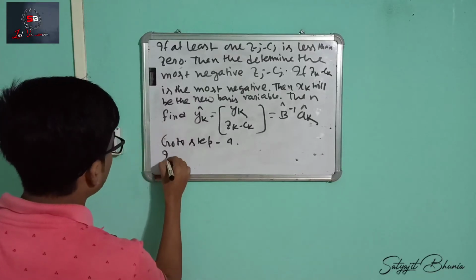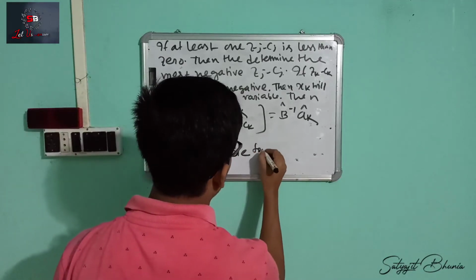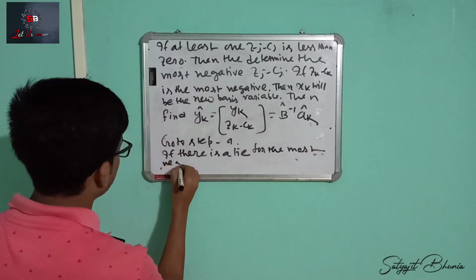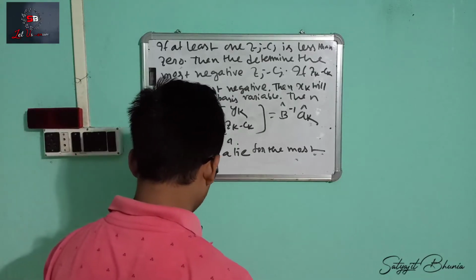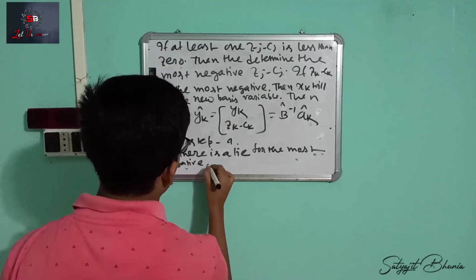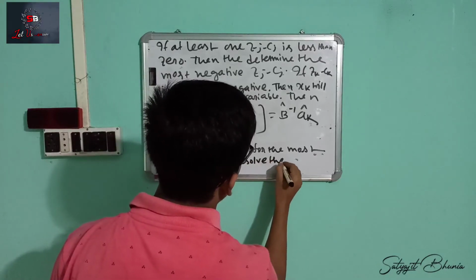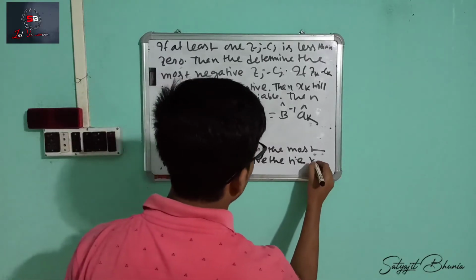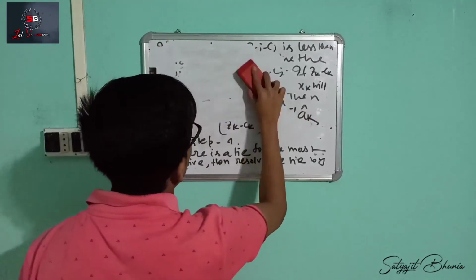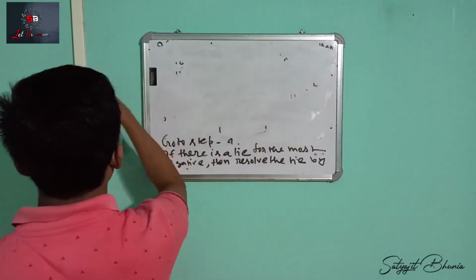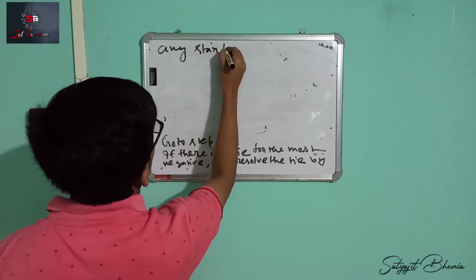If there is a tie for the most negative, then resolve the tie by any standard method.